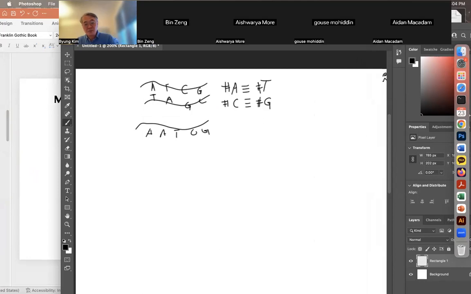What do you think? What if, if I know the number of A's in one strand, would it be close to the number of T's in the same single strand? There's no reason to, right? But it turns out it is.